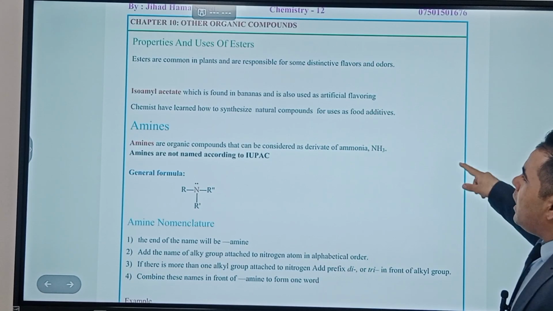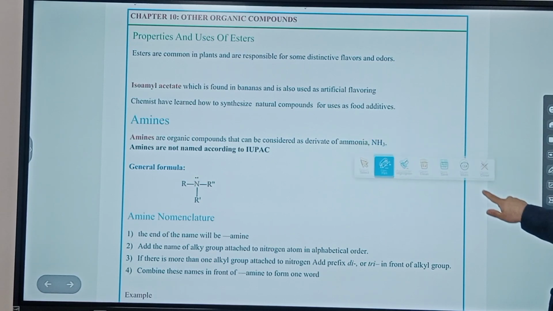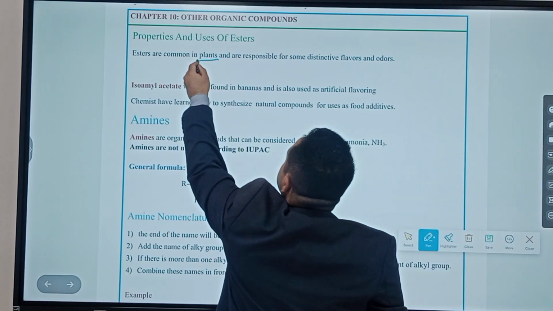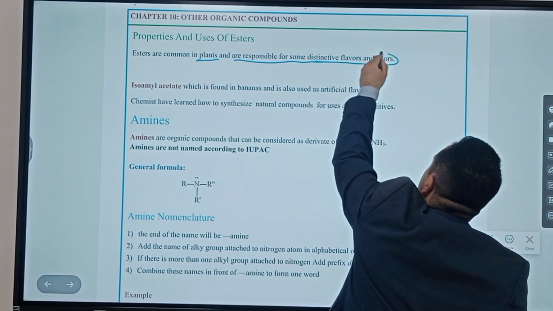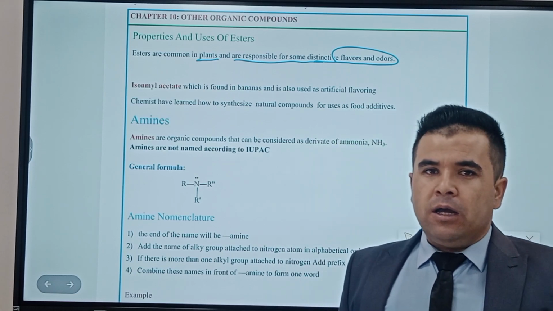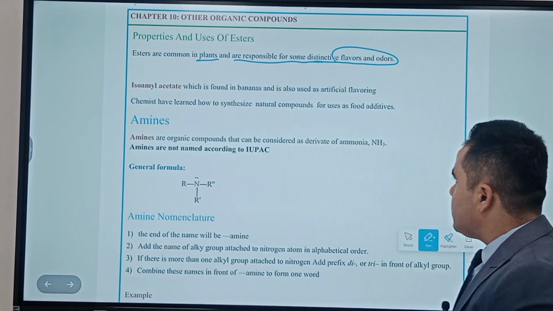The properties and uses of esters. We'll be talking about the usage and applications, the properties of esters as well. Esters are commonly found in plants and are responsible for some distinctive flavors and odors. Esters somewhat resemble aldehydes and ketones, used for odors and flavoring.